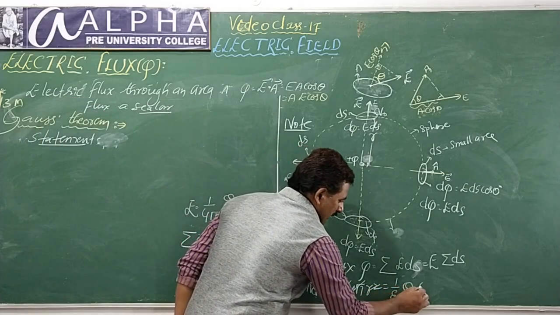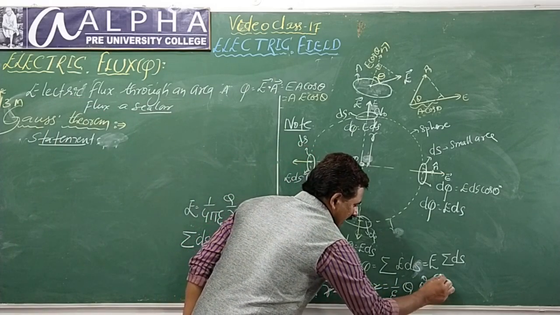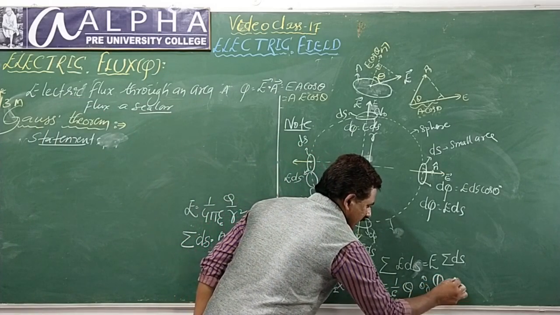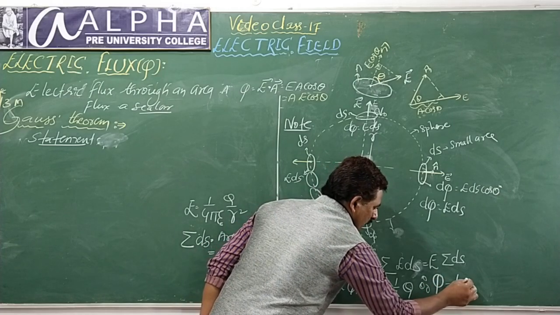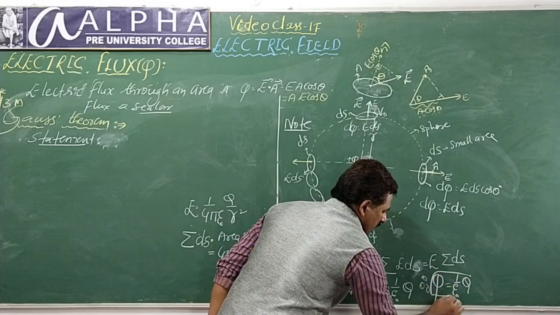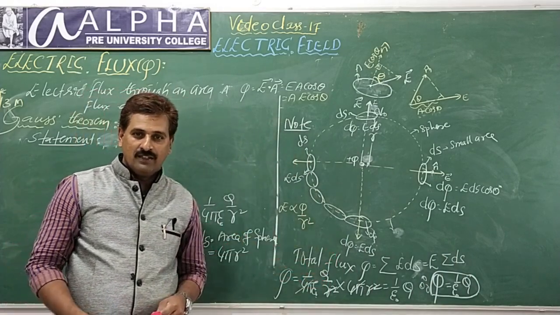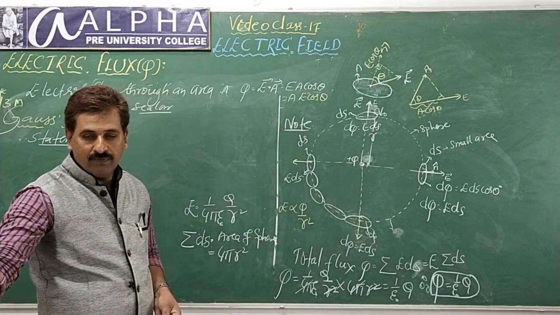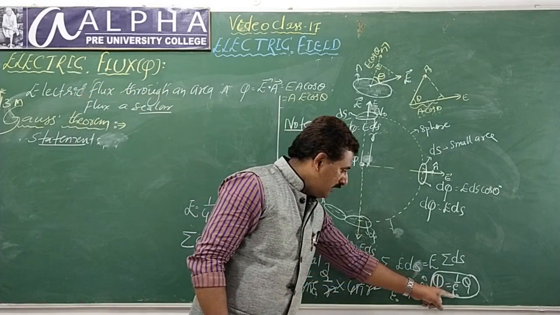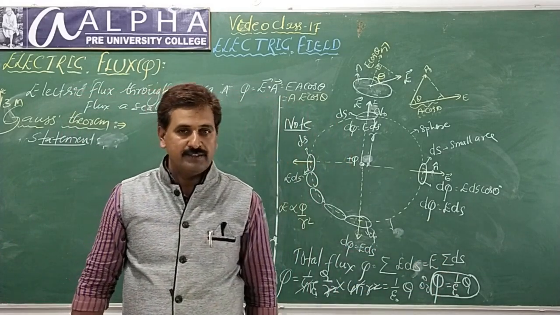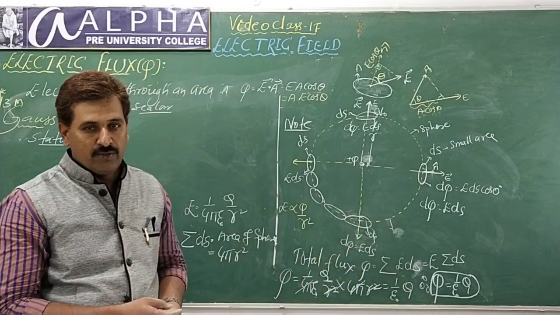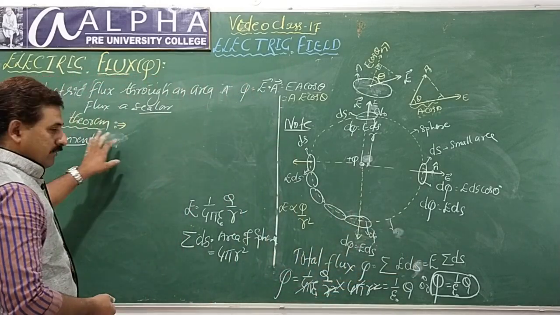So what is the conclusion? Therefore, the conclusion is the flux phi is 1 by epsilon 0 into charge enclosed. Q is charge. That is the result of flux in terms of charge and a constant for electric field, epsilon 0. That is popularly known as Gauss theorem.